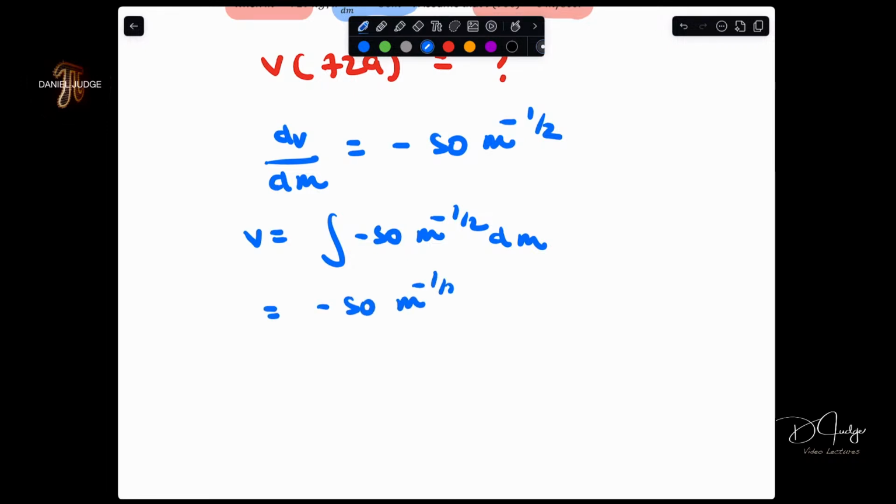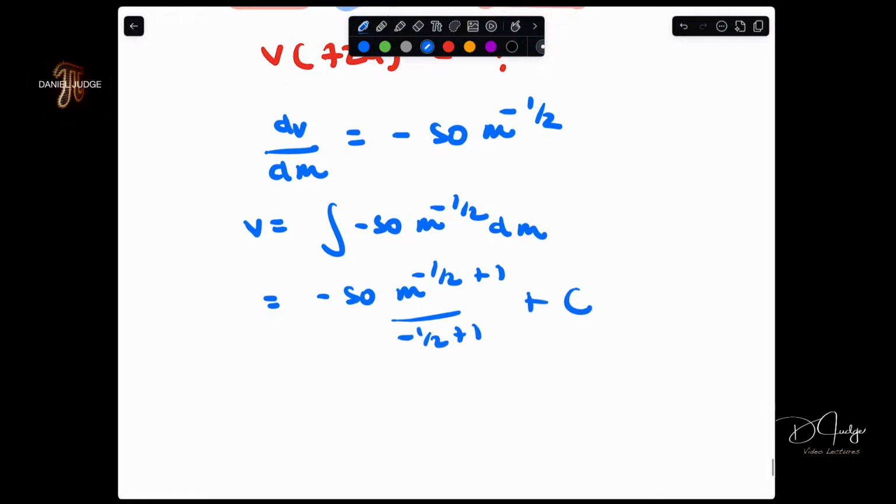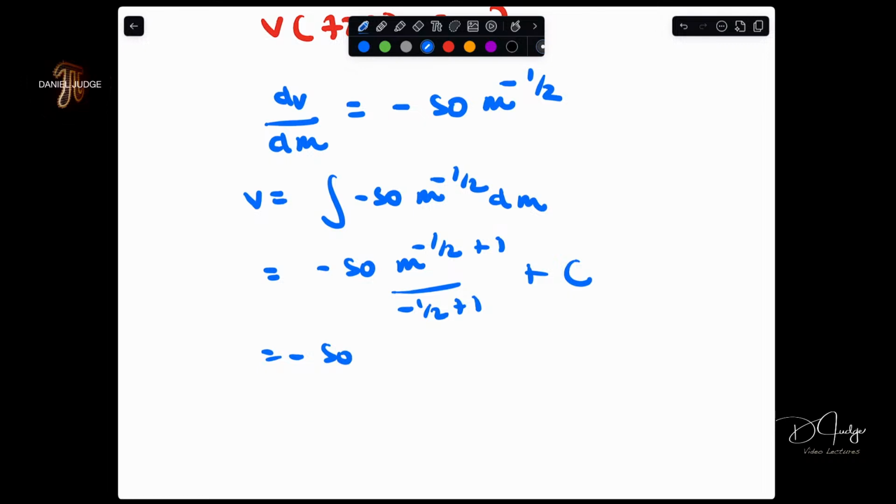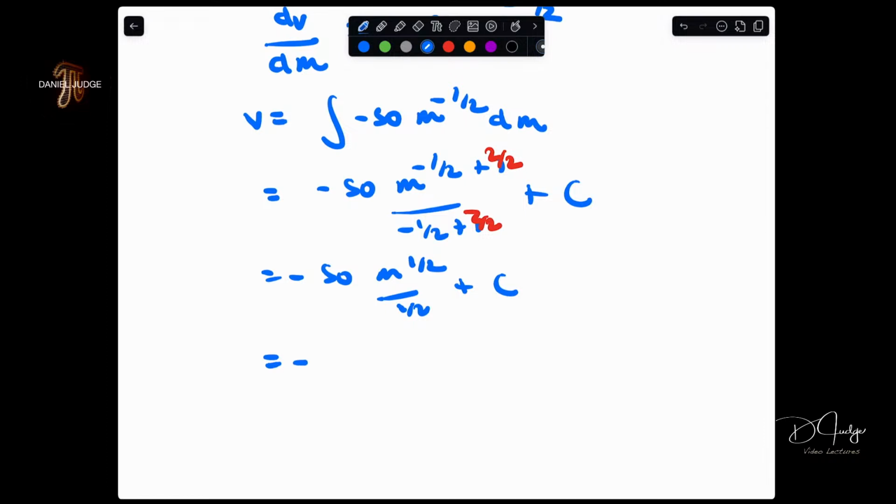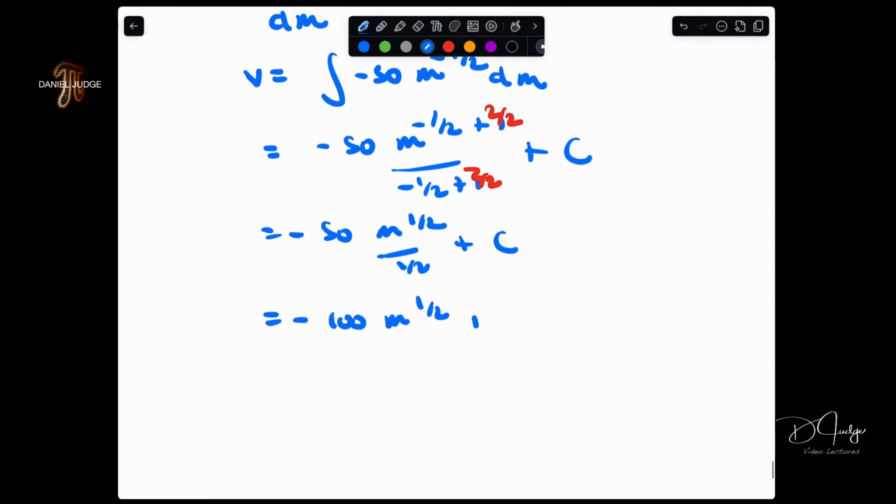M to the negative 1/2 plus 1/2, negative 50. Here we go. M to the 1/2 divided by 1/2 plus c, which is negative 100 m to the 1/2. So, okay, here's the velocity function. It's negative 100 square root of m, square root of the mass, plus c.